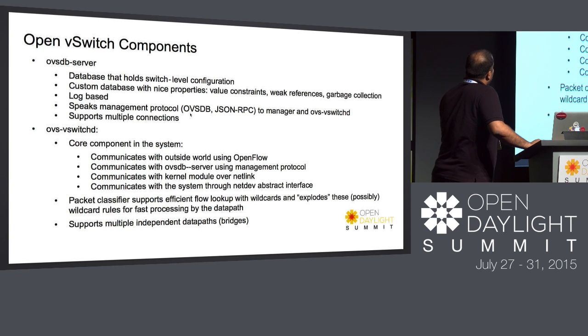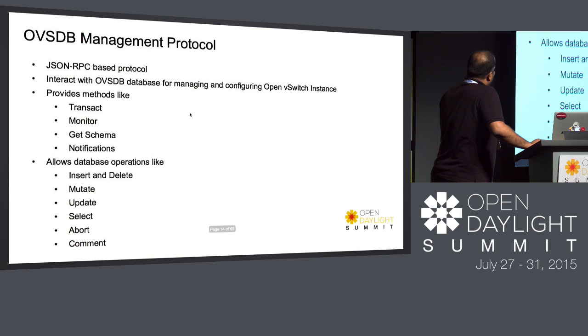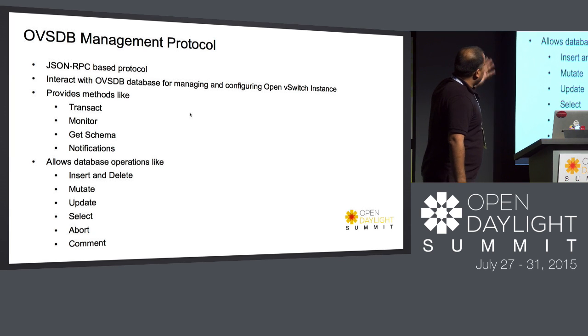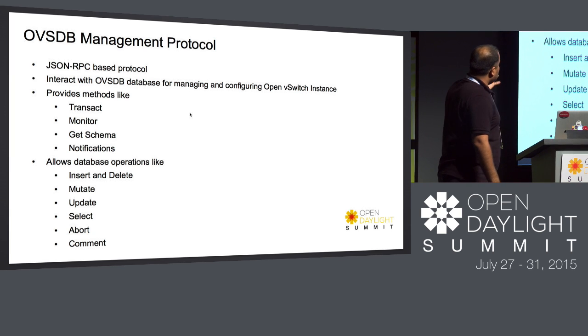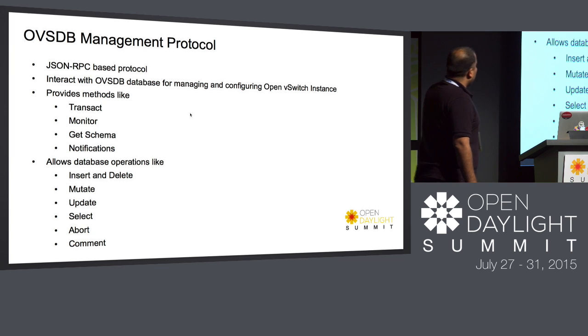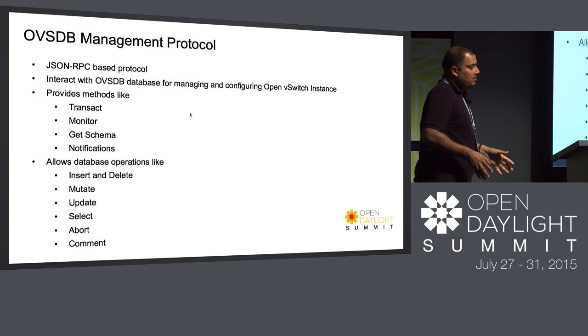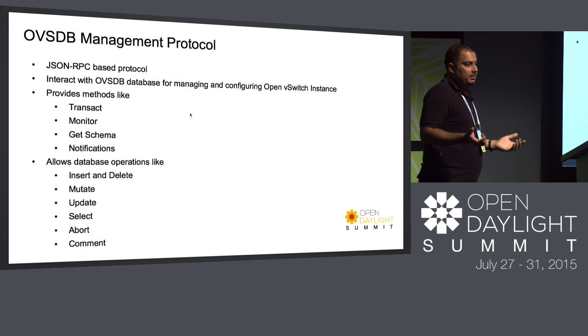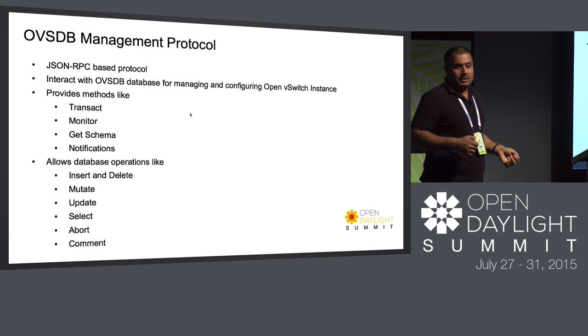This is pretty much what I covered. OVSDB is a management protocol. It provides the obvious things like making transactions, monitoring, getting a schema, and notifications, and it allows you to do operations on a database table, because OVSDB internally uses database tables where it persists the configuration.